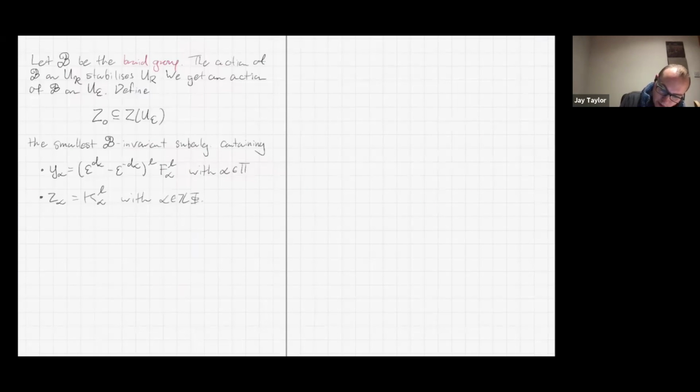I want this scalar that I'm using here to be non-zero. So I'm going to want L to be greater than d alpha for alpha in pi. Okay, so this is De Concini-Kac-Procesi's analog of the p-center.